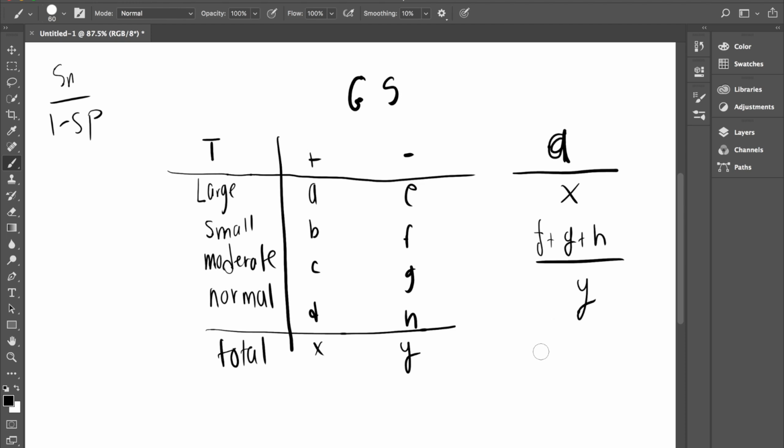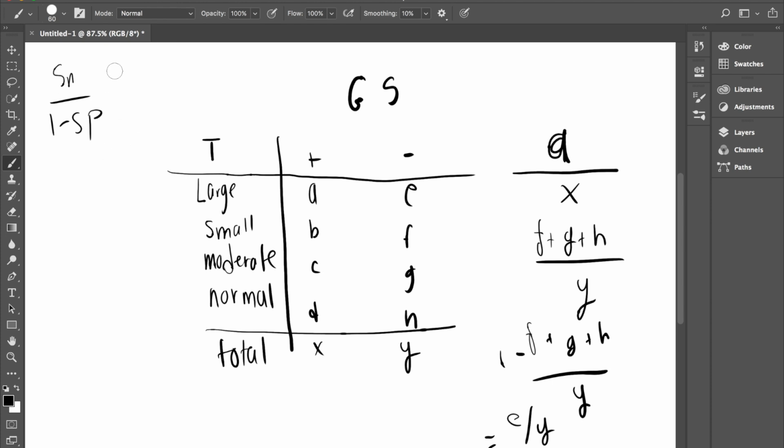Well, 1 minus F plus G plus H divided by Y is really the same thing as just doing E over Y. I'm taking from 100 all of this, meaning I'm really just going to be left with E over Y at the end of the day. So taking this, dividing by this, is the same thing as taking 1 minus this divided by this.